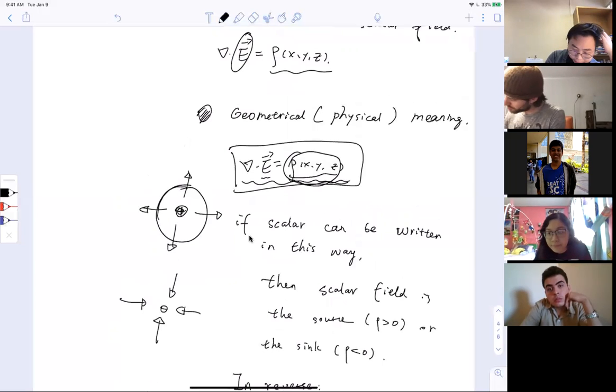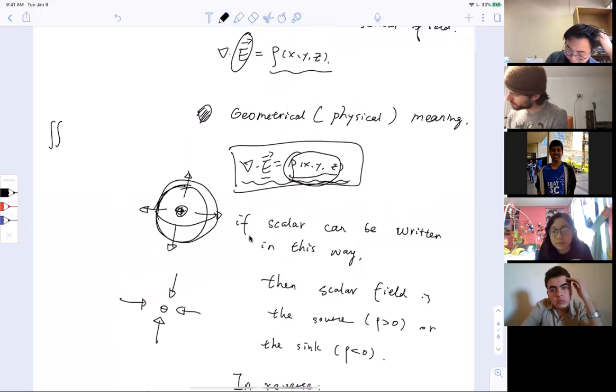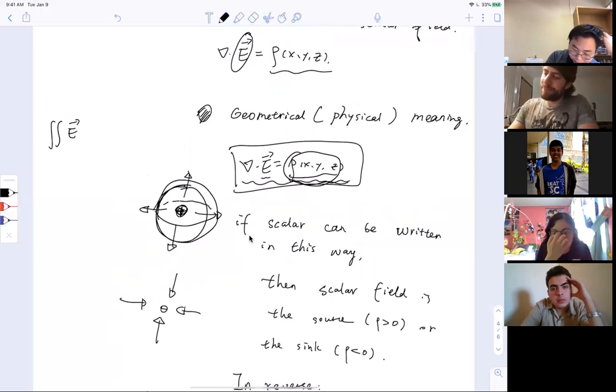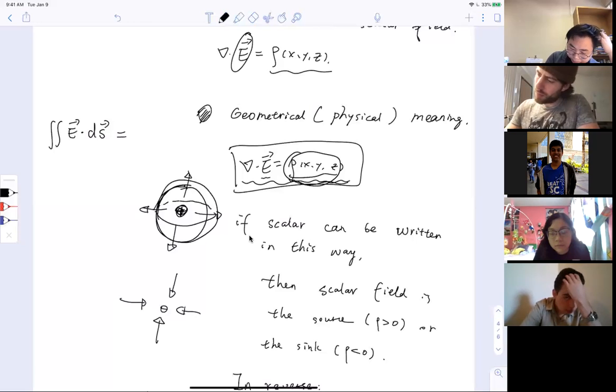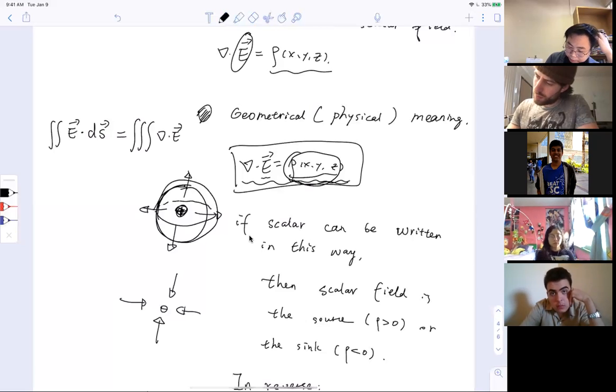It's written in this form: if I choose a surface that encloses a region, the flux through this surface is given by the total density inside this surface, right? This guy is nothing but rho.